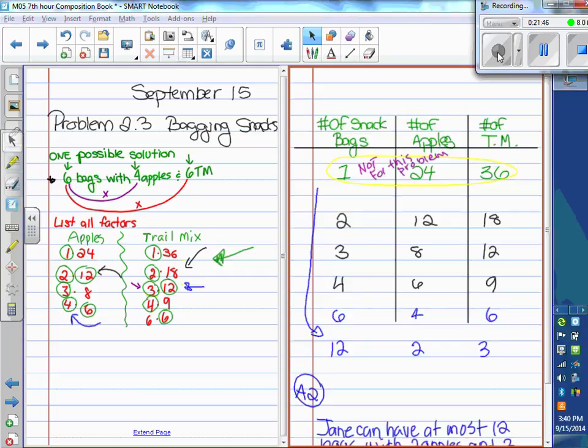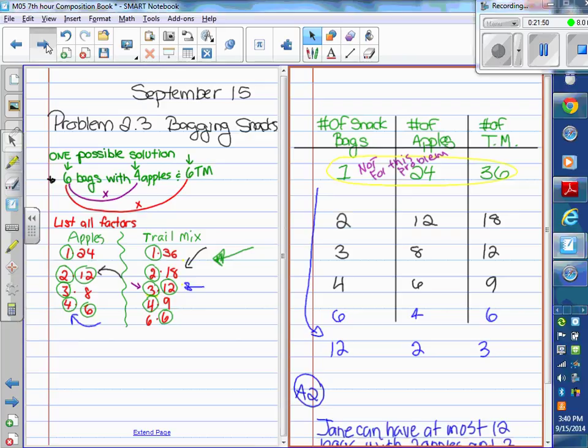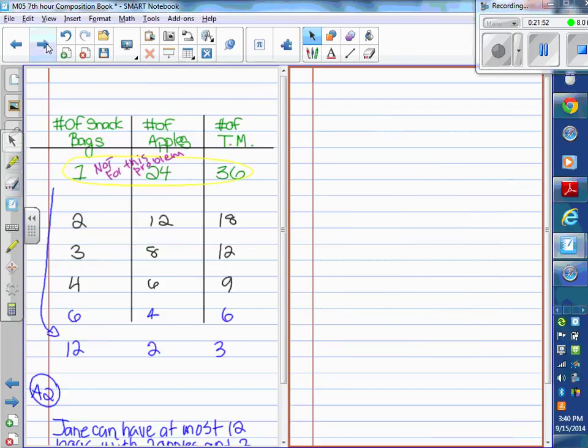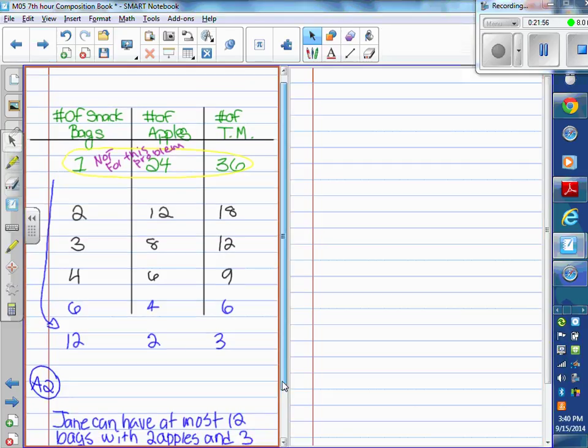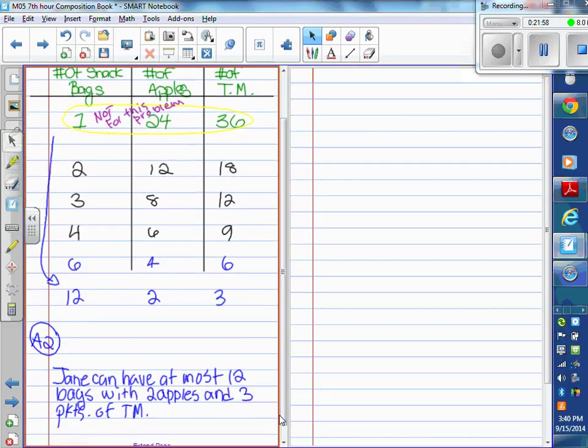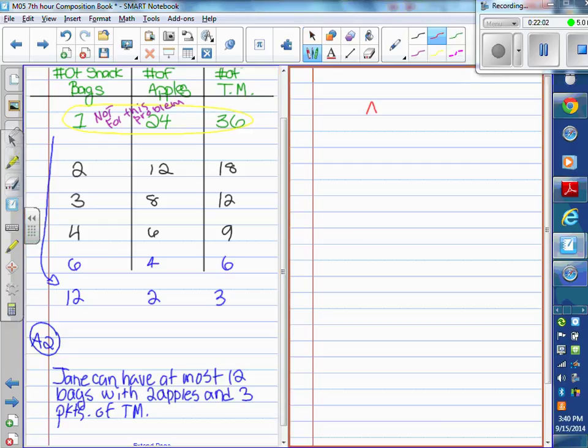So, even though the list shows all the combinations, if you aren't asked for all the combinations and you're just asked for the most amount of packs you could make, I saw some of you guys using the division ladder, and that would work if you don't need all the combinations, and that's where I'm going to end today.